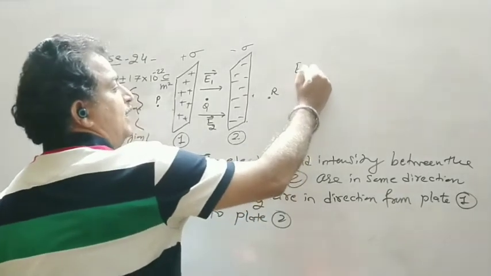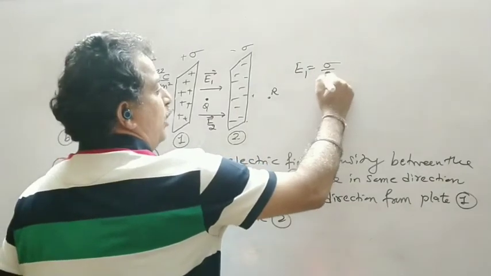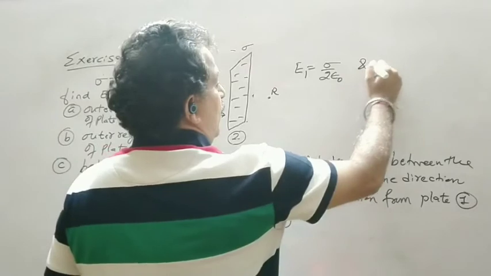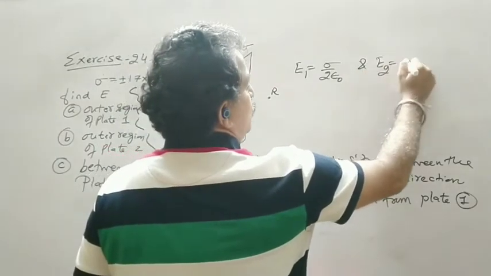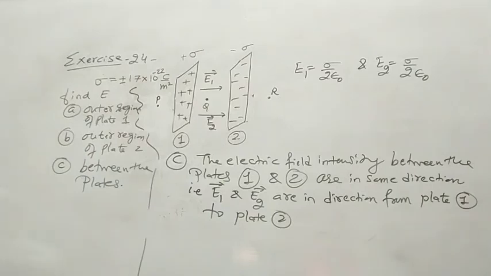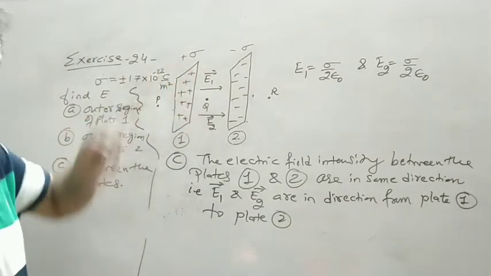So E1 is equal to sigma upon 2 epsilon naught. That is our formula, and E2 is also equal to sigma upon 2 epsilon naught. So here the magnitude is the same, the direction is also the same.